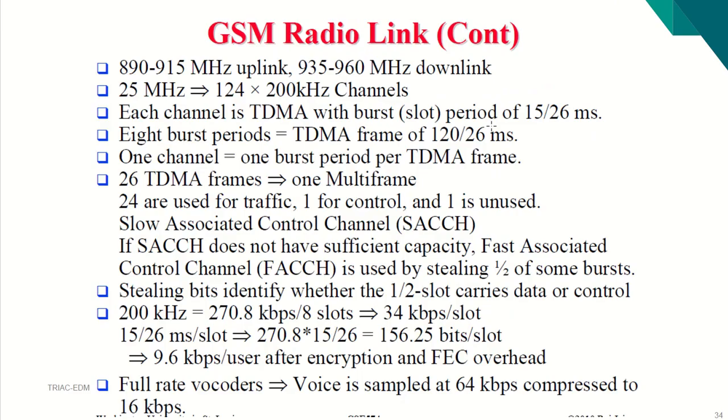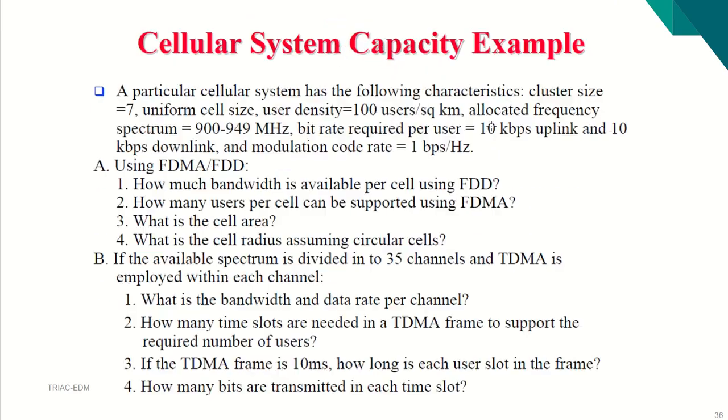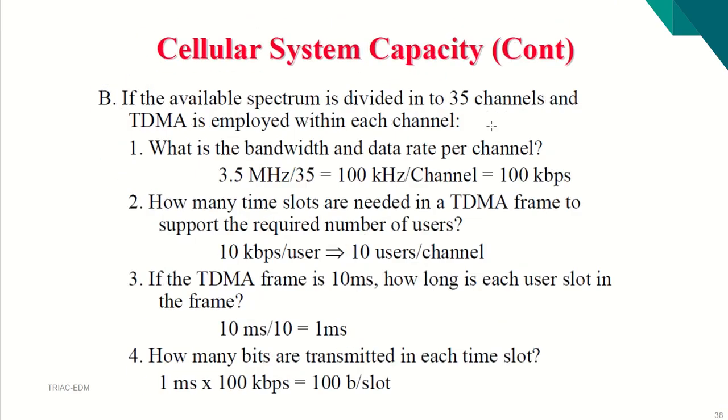So with a little bit of review, now we come back to our calculation. Since we have a channel of 100 kbps, how many time slots are needed in a TDMA frame to support the required number of users?